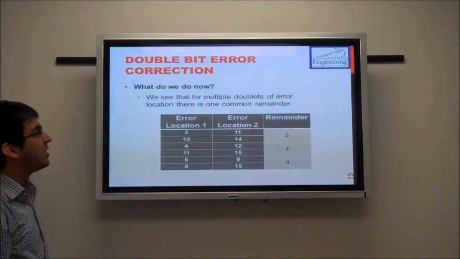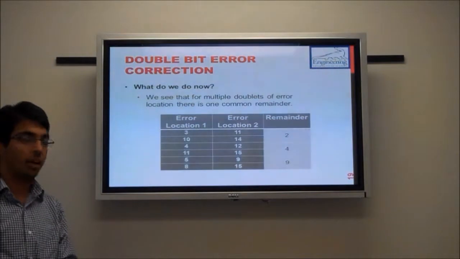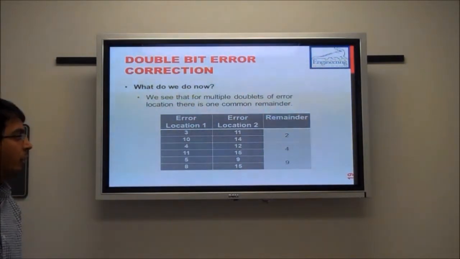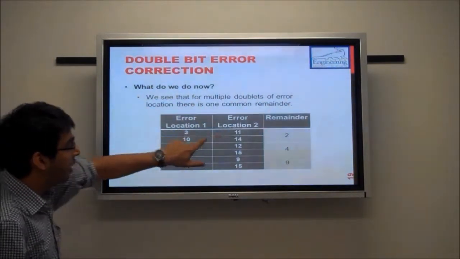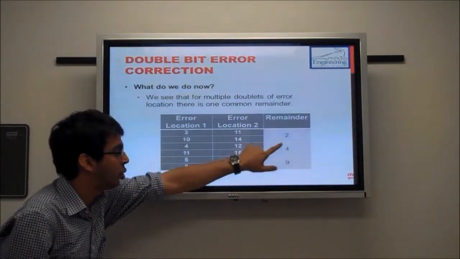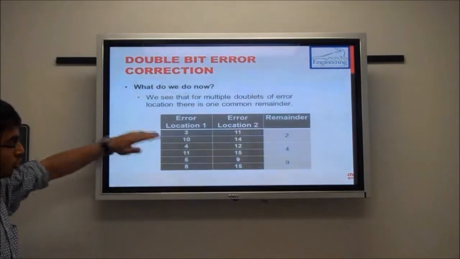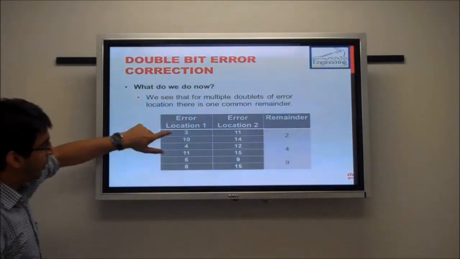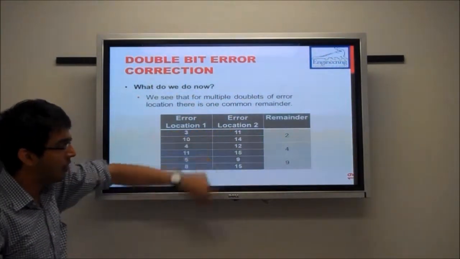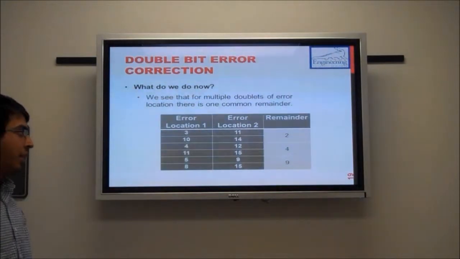So here lies the difficult part at the receiver's end. Here the receiver would have to actually try flipping bit number 3 and bit number 11 if the remainder received is 2. And then it has to again compute the CRC. It has to see whether after flipping bit number 3 and bit number 11, a CRC of 0 is generated or not.